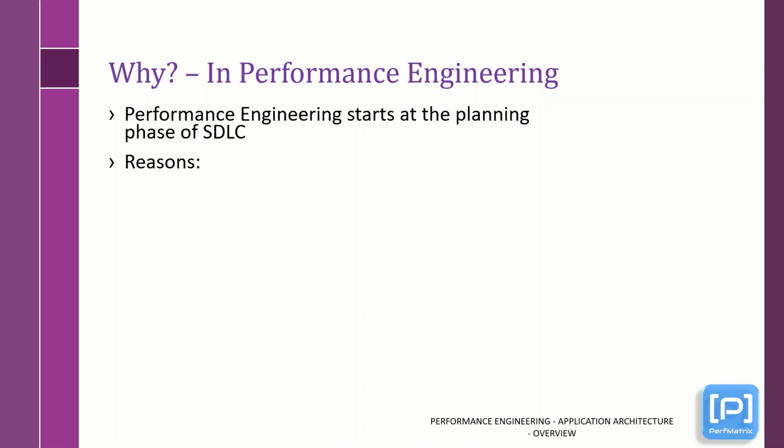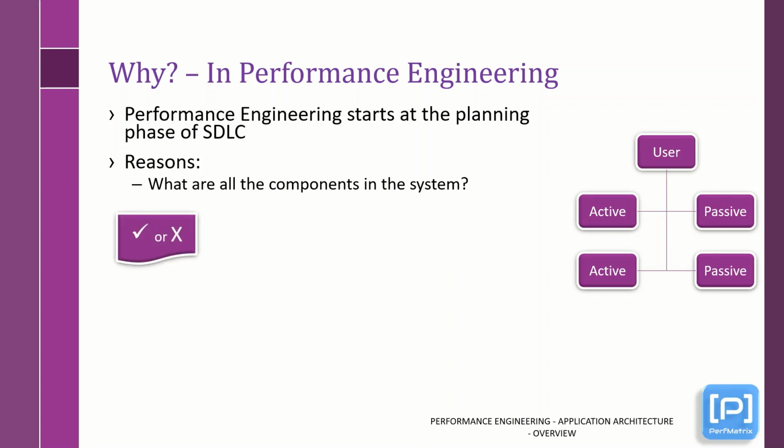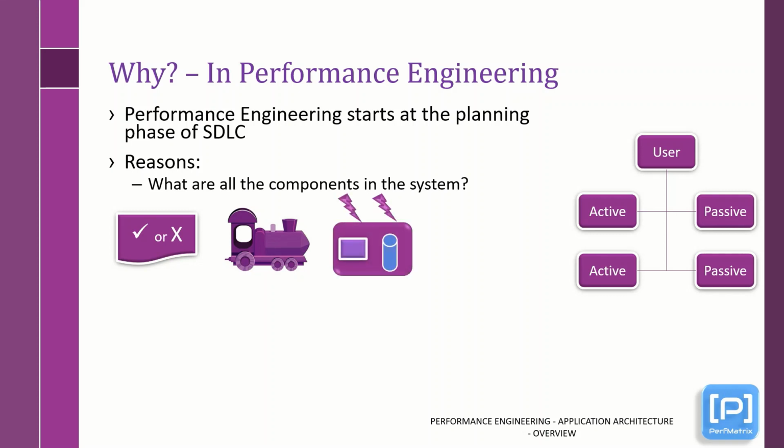The first reason is a performance engineer should know all the components that are there in the software system. A performance engineer must have the list of all the components which will be actively or passively participating in the normal functioning of a software application, so that he can calculate the criticality of each component on the basis of availability, responsiveness, load bearing capacity and recovery time.